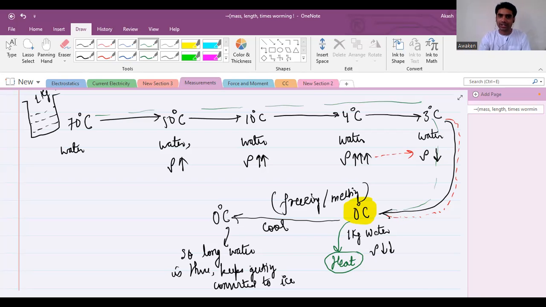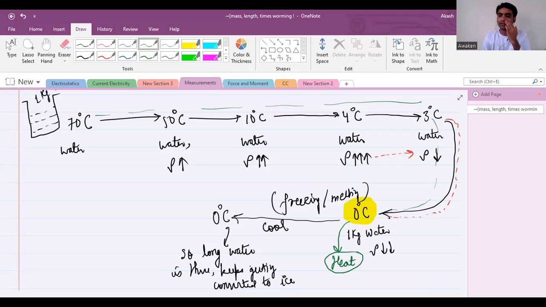From there we concluded that when a state change happens, either from solid to liquid, liquid to solid, gas to liquid, whatever state change you take, solid, liquid, gas, whenever some state change happens, temperature remains constant. And the energy supplied or gained is used by the molecules to either come closer or go farther to change from one state to another.